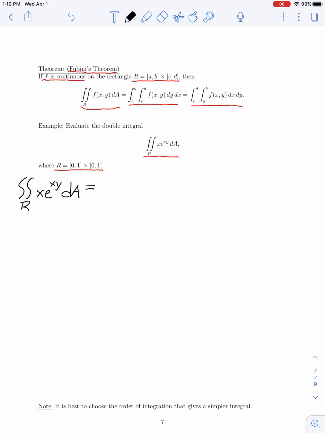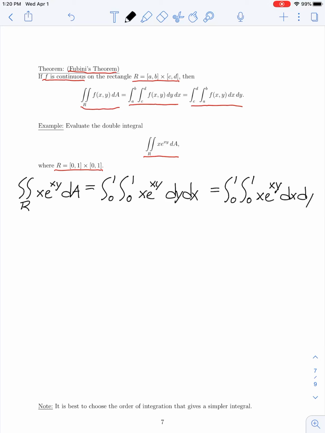Here the function is x e to the xy. We're integrating with respect to area over the rectangle R. And we could evaluate this as an iterated integral, either from 0 to 1 and 0 to 1 of x e to the xy dy dx, or we could use the iterated integral from 0 to 1, 0 to 1, x e to the xy dx dy.